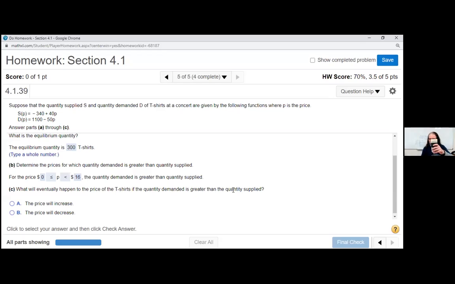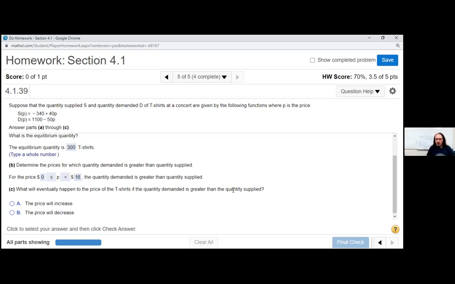Okay, this is a day where some caffeine is needed. We're already seeing in part C the demand exceeding the quantity supplied. And I'm sorry, in part B. And that was for low prices.